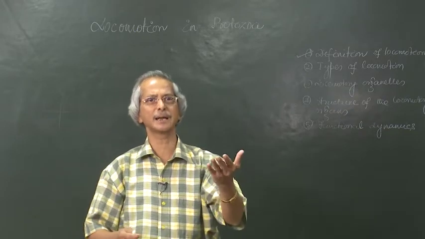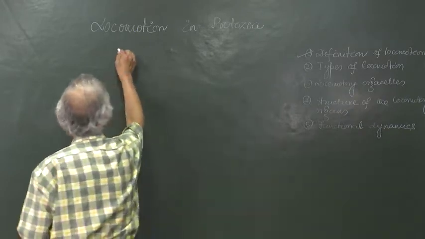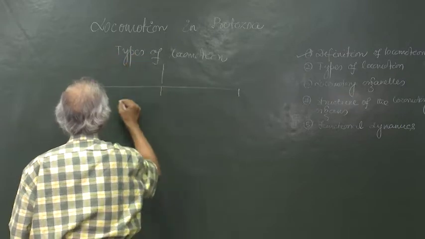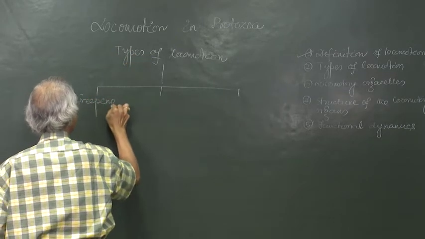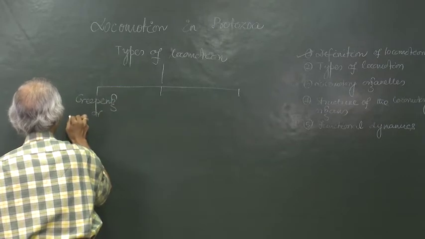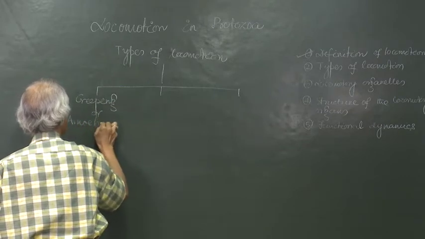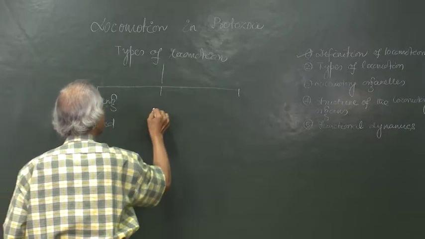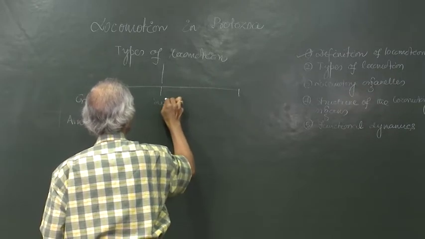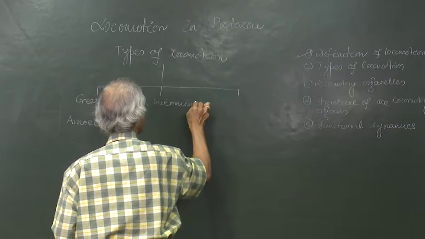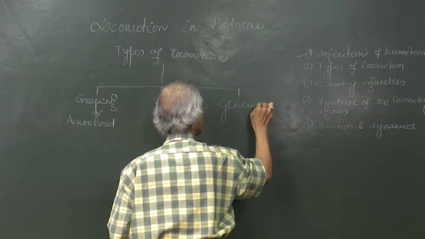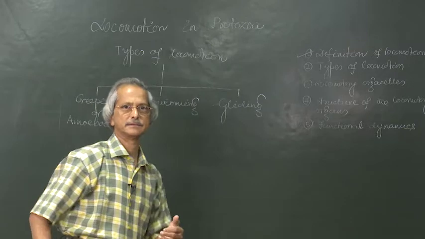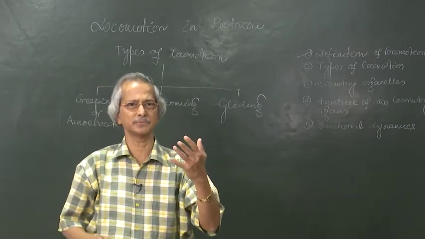The first one is creeping, which is also known as amoeboid. The second one is swimming, and the third one is gliding. So, there are 3 different types of locomotion.